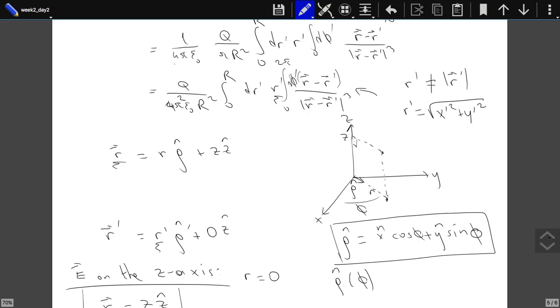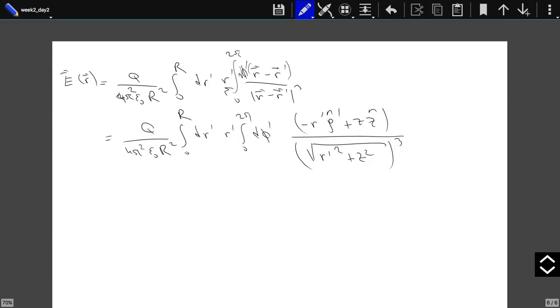The integral of sine phi from 0 to 2 pi? 0. So the integral of rho hat prime as a function of phi prime from 0 to 2 pi, this is 0. So what remains is only the part that is in the direction of z.